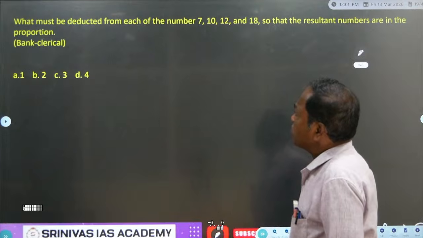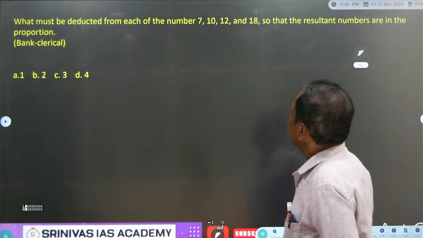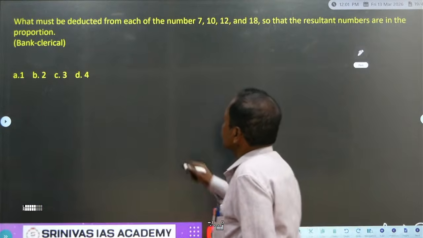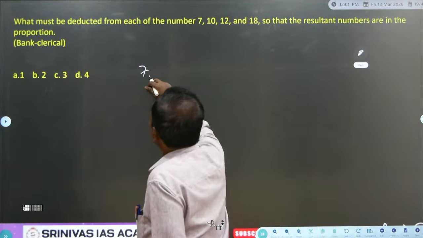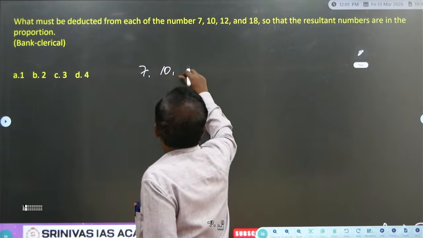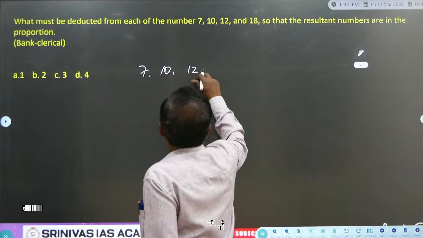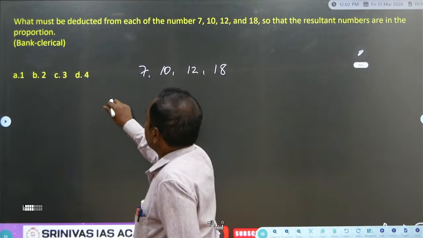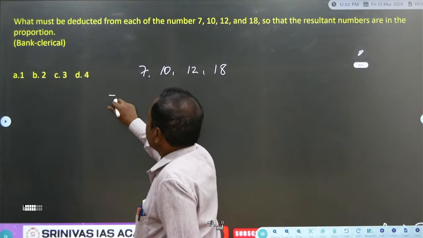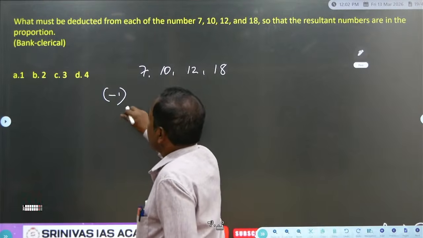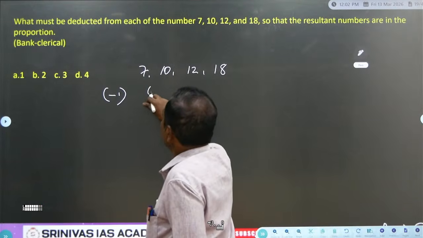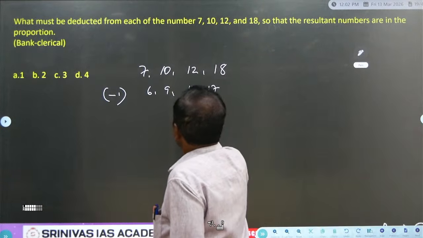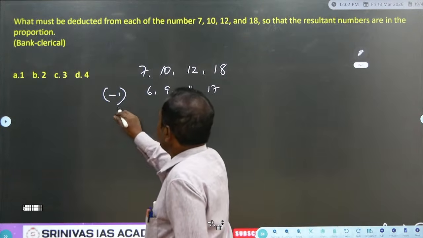Now, what must be deducted from each of the numbers so that the resultant numbers are in proportion: 7, 10, 12, 18? Let us take minus 1, option A. That becomes 6, 9, 11, and 17. 11 into 9 is 99, no, it is not possible.